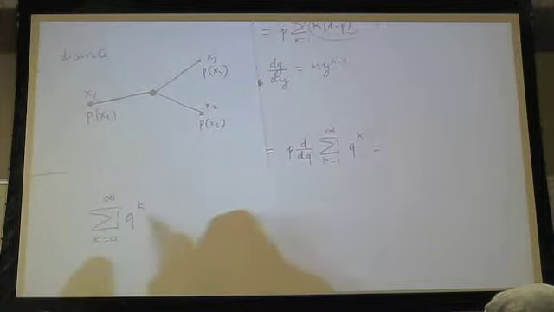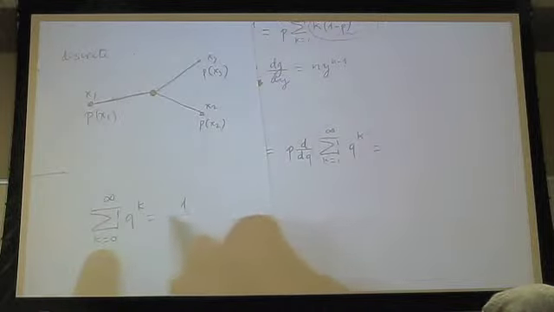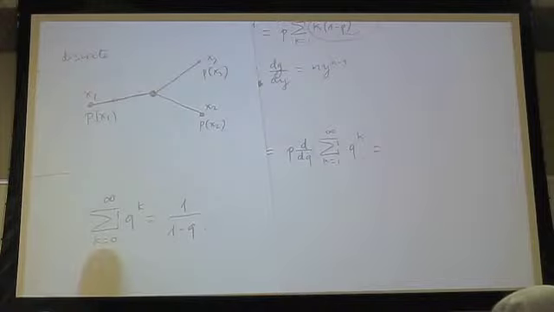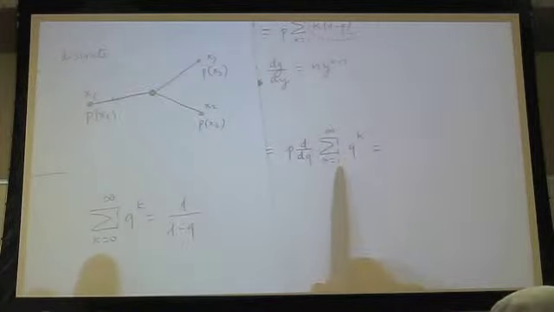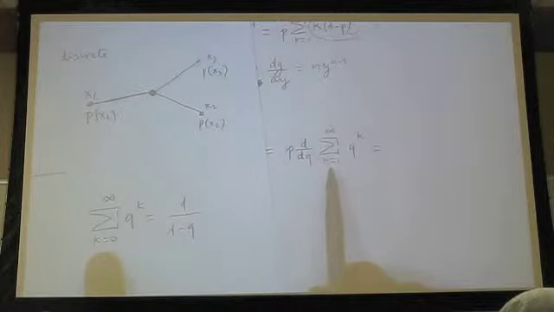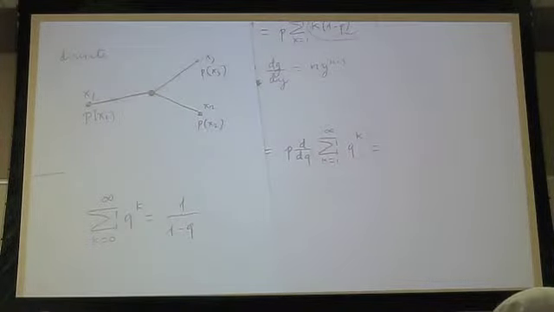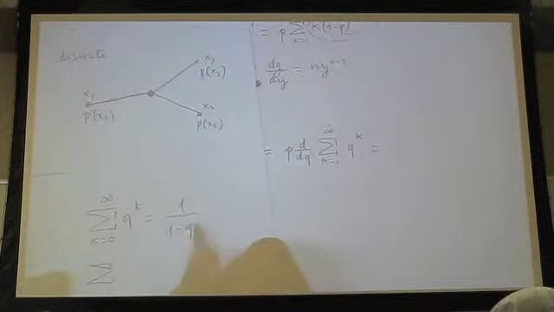This thing right here is, by definition, 1 over 1 minus q. Agreed? Yeah? Over here, my sum starts from 1. So what does that mean? I'm missing a term. Right? So if I start from 1, can I just say that this is going to be this thing and then minus 1? Is that okay?